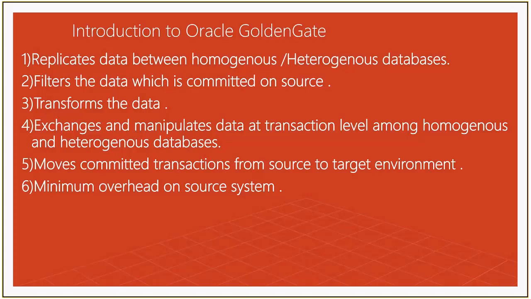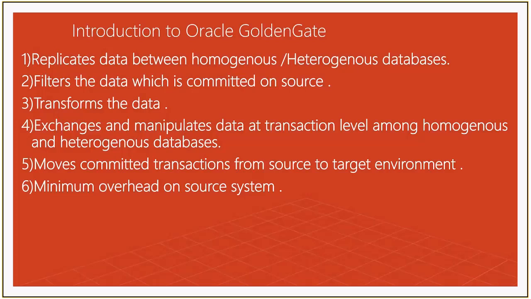We will discuss those in the coming tutorials. The second big advantage of using Oracle GoldenGate is that it can filter the data. The moment you commit data onto the source and you want a particular type of data out of what is committed, you can filter that using Oracle GoldenGate. If you want to transform the data from one type to another or make some kind of changes, you can do it.